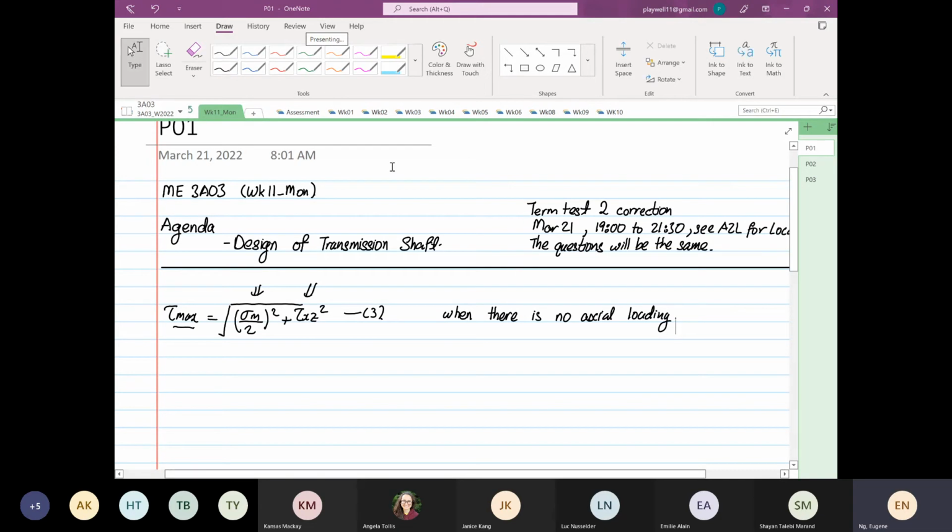And this equation, again, is only true when you have stresses acting like this. If you construct your element of a shaft, your stresses can only have this sort of stress field. You have one stress in either compression or tension, and in the other direction there are no stresses at all, and you have stresses in shear.